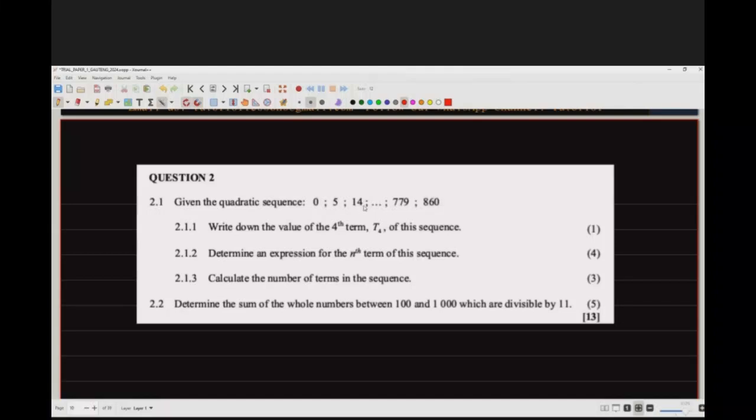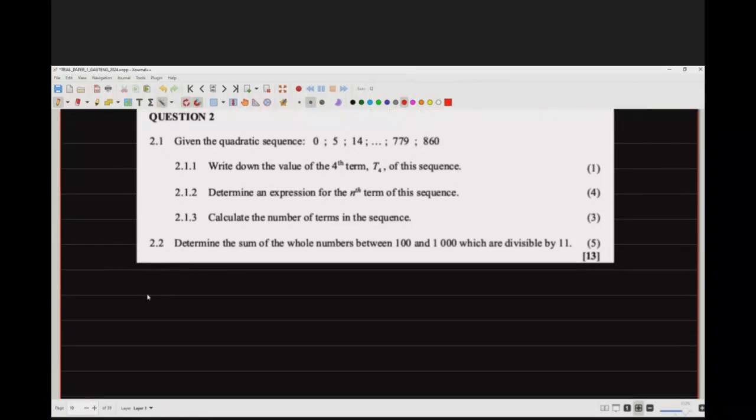So for 2.1.1, this is 14 plus the 13, which is equal to 27.